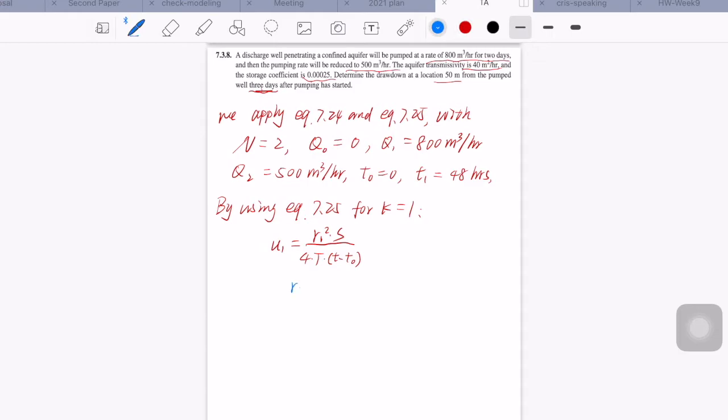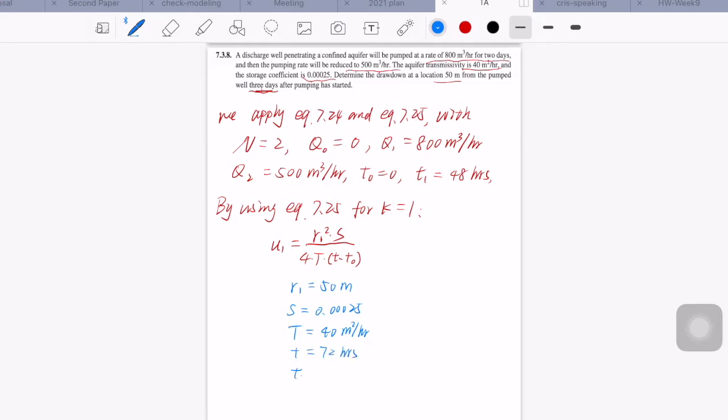And we know R1 is 15 meters and the S is 0.00025. And transmissivity is 40 square meter per hour. And the T is 3 days, so it is 72 hours.